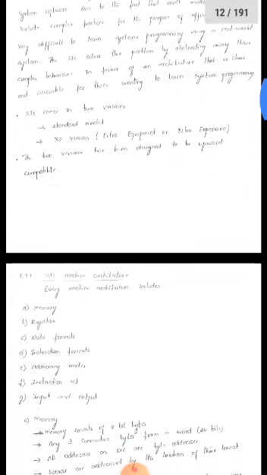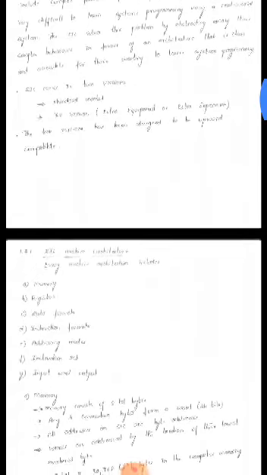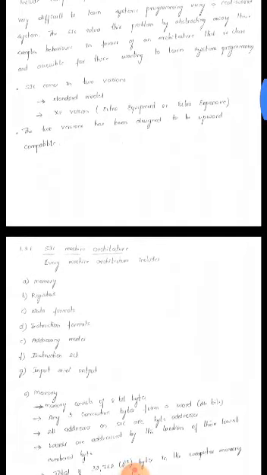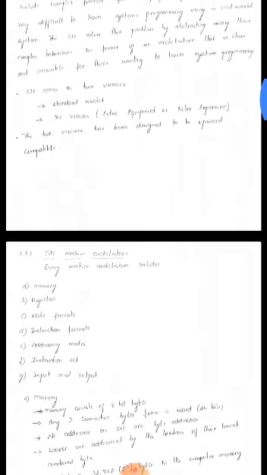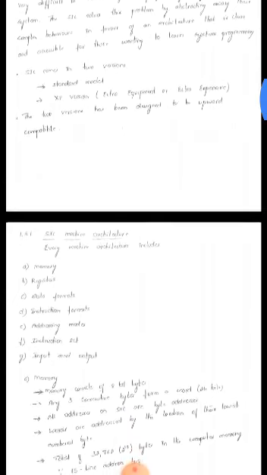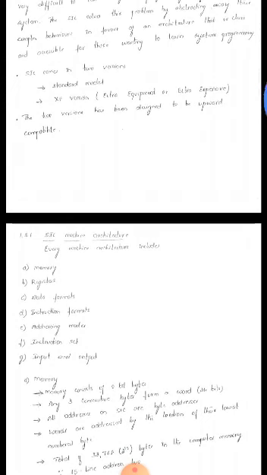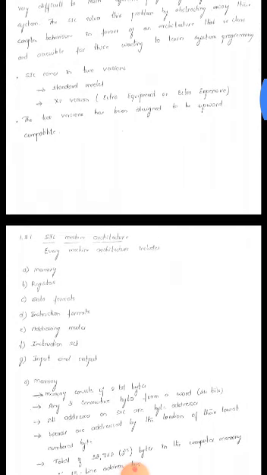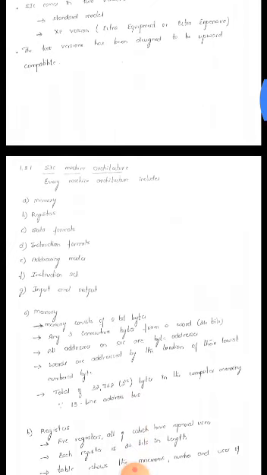There are two variations: SIC and SIC/XE, where XE stands for extra equipment or extra expensive. In the first chapter you will learn what the SIC machine and SIC/XE machine architecture are. In the second chapter you will learn how to write the object code based on the machine architecture, that is SIC and SIC/XE.